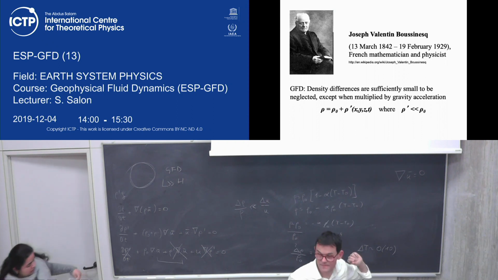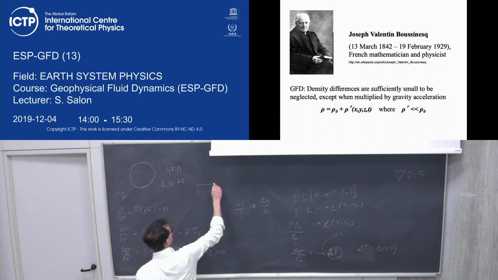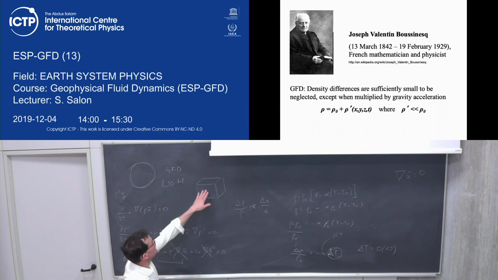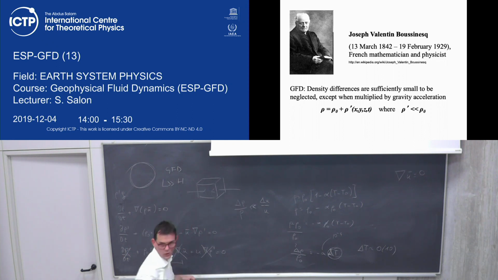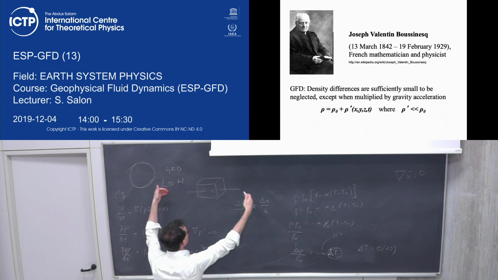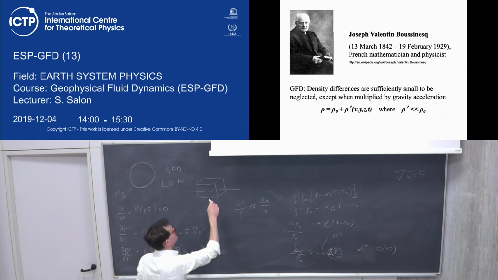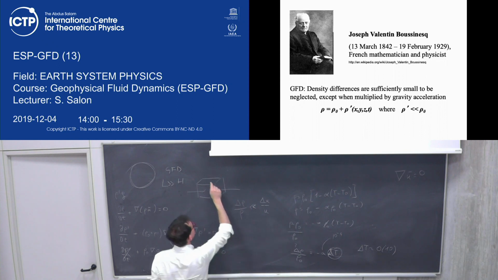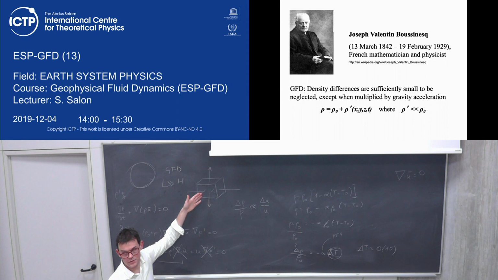If you have a parcel and you want to change the density here, you can only do it through divergence of flow. But since the divergence is zero, you must have a conservation of the divergence.